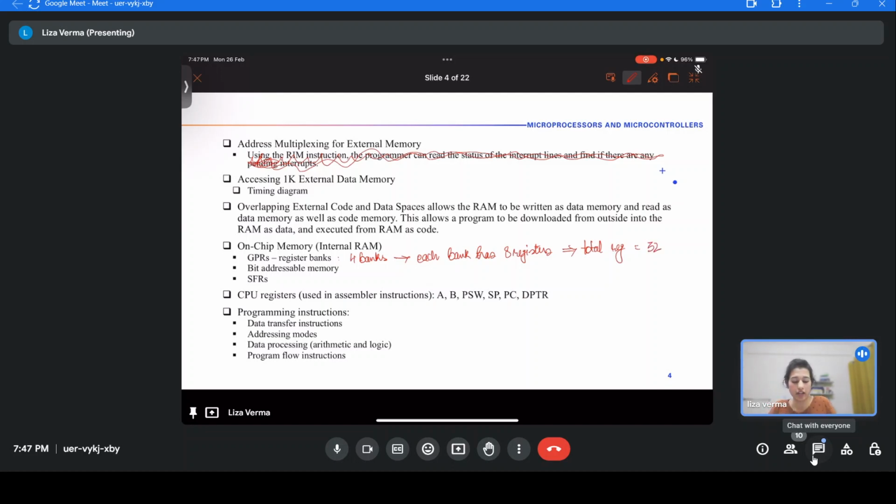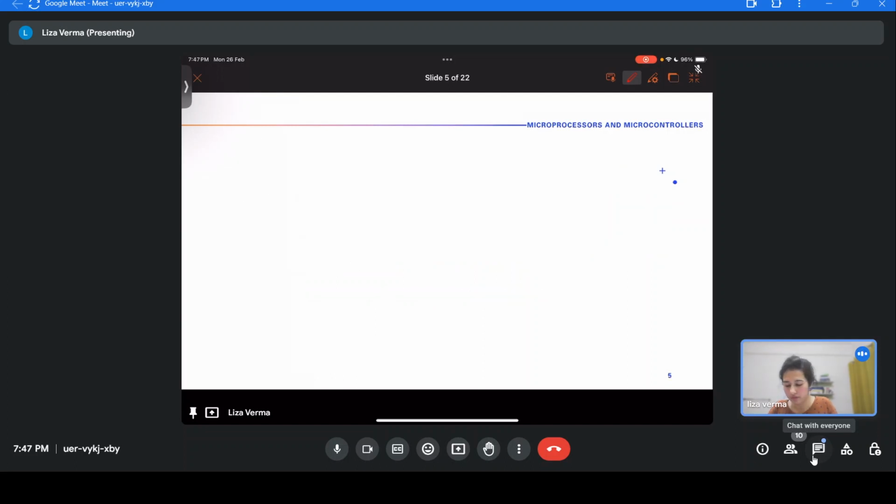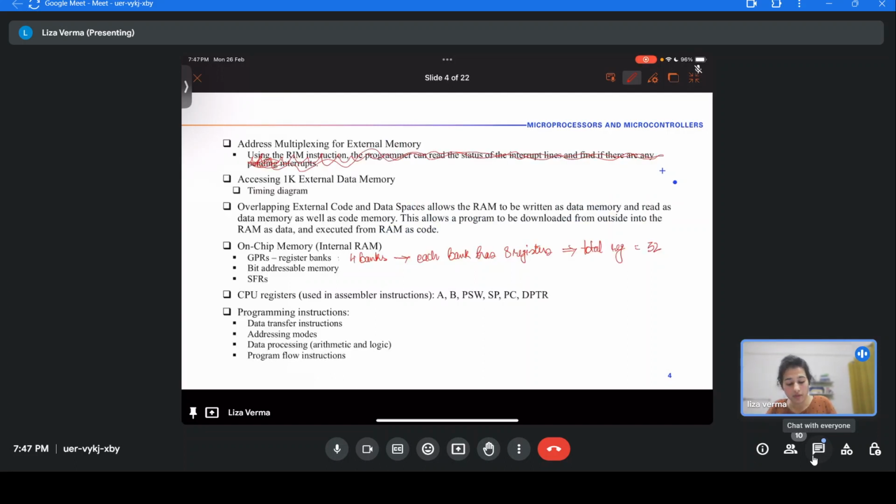Now the question is, why do we divide these 32 registers into four banks with the same names? Like the first bank will have R0 to R7, the second will have R0 to R7, third, fourth.